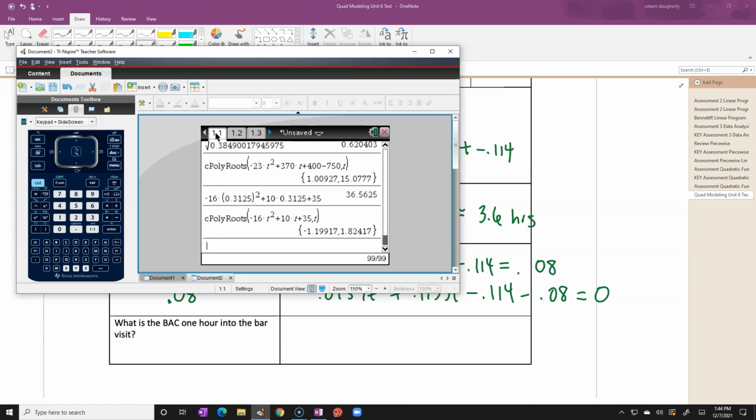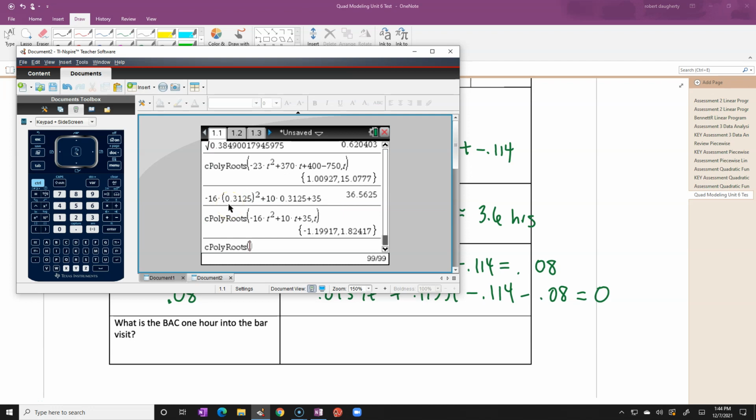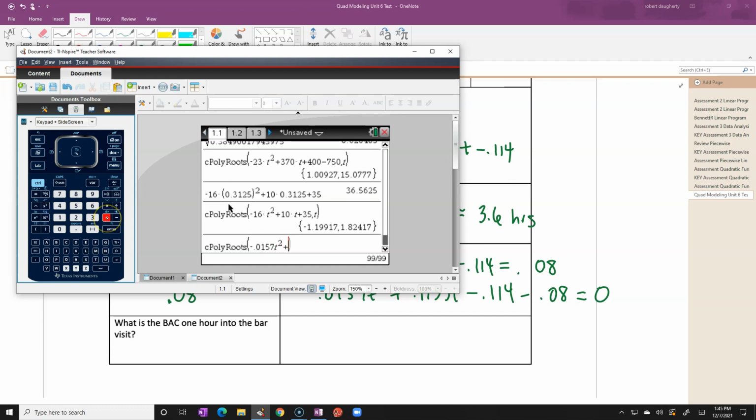So menu, algebra, polynomial, complex roots. So negative 0.0157 t squared plus 0.1135 t, and then minus 0.114 minus 0.08, comma t.